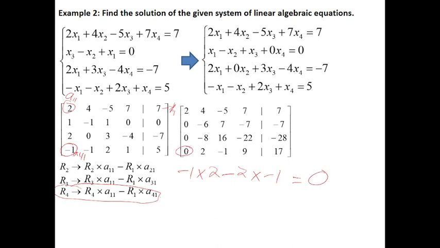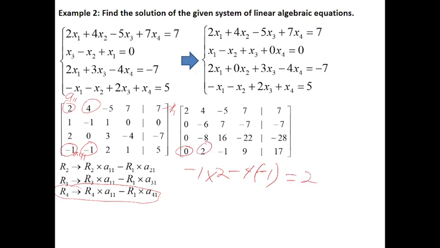Kaya nakuha yung 0. No? Tapos, second element, negative 1 times 2 minus 4 times negative 1. Anong sagot? 2.